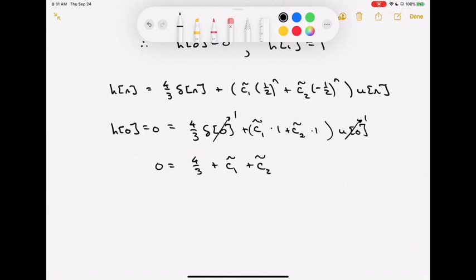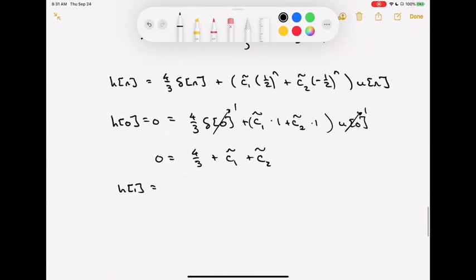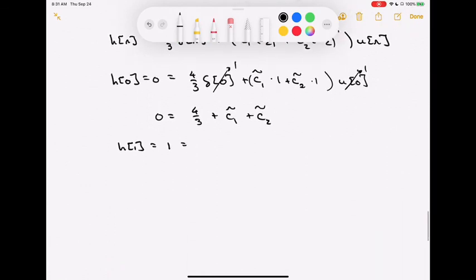One equation, two unknowns right now. If I use the second value I recursed, h of 1, we know that was equal to, if we go back up there, a 1 value, right, is equal to 1. That's going to be 4/3 delta 1 plus C1 tilde 1/2 to the 1, right, plus C2 tilde minus 1/2 to the 1.